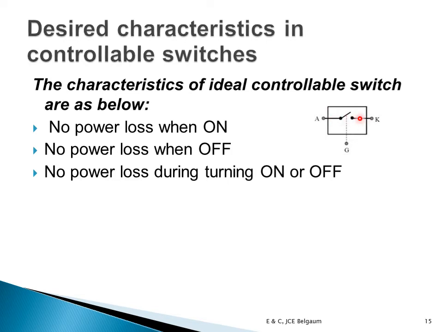So the voltage falls from high to low when it is turning from off to on. At the same time, the rise in current when turning from the off state to the on state is also very high. Earlier no current was flowing, but now a huge current is flowing.